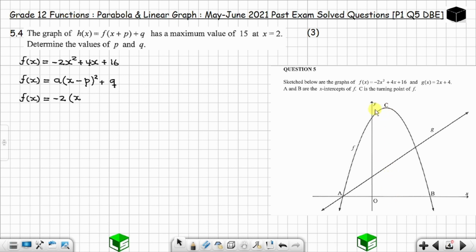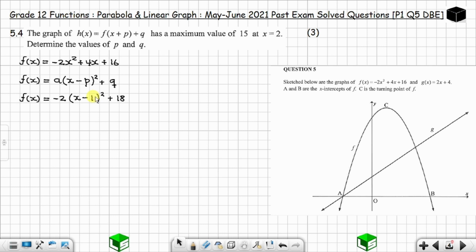Do you remember from the previous question? So you are going to have negative 1 there. You close the bracket, square, plus 18. Remember, negative 1, when it comes out of the bracket, becomes positive 1. So the turning point of f is 1 and 18, right?